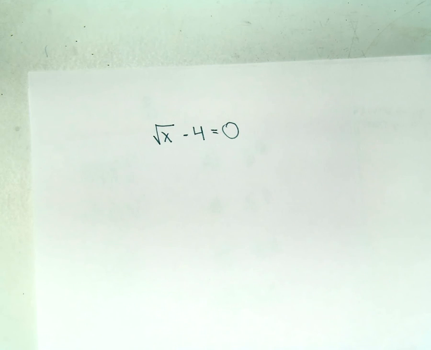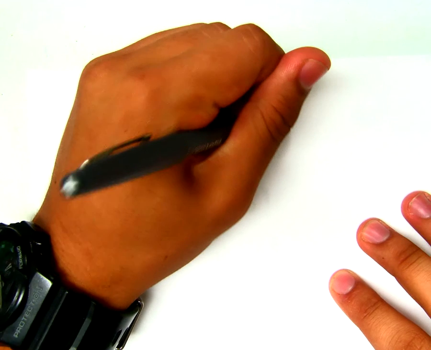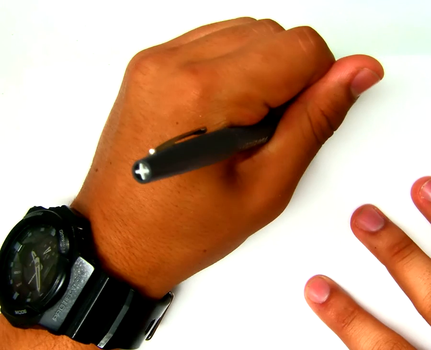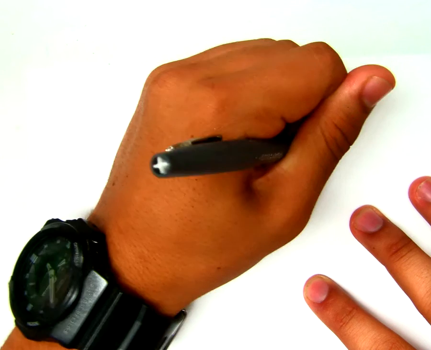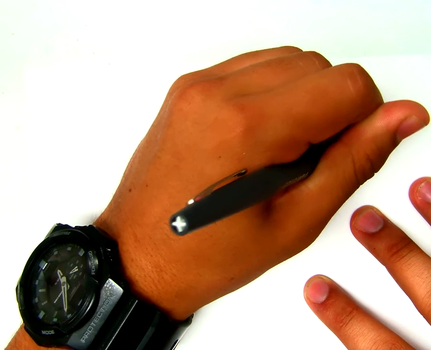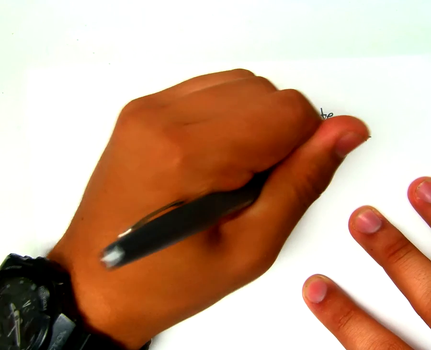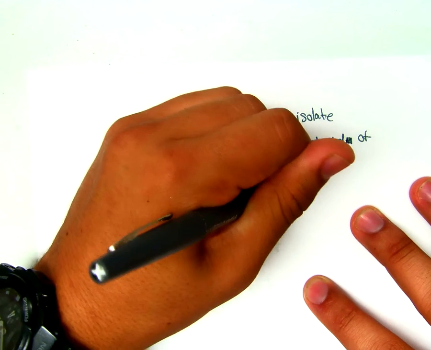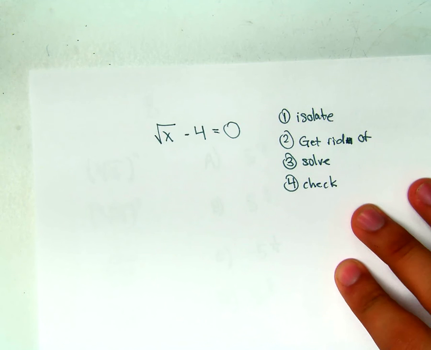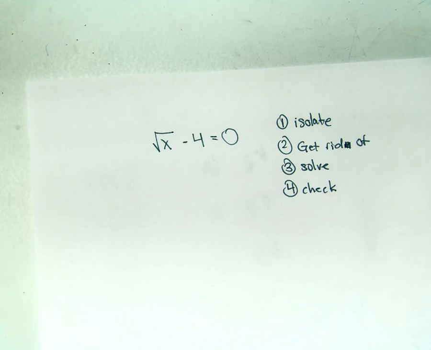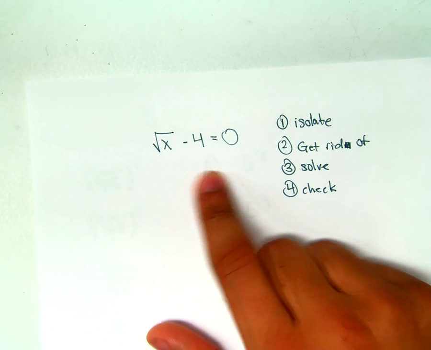Okay, so we have this equation here. Alright, what were the 4 steps? Isolate. Get rid of. Solve and check. Okay, so the first step is to isolate the radical. Second step is to get rid of the radical. Third step is to solve. Fourth is to check.